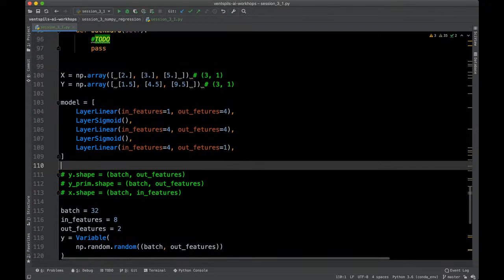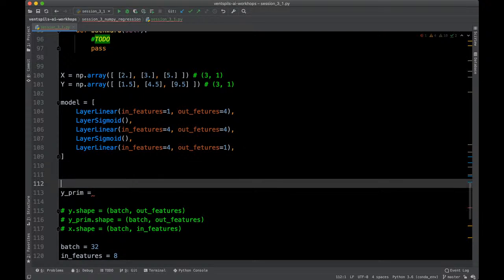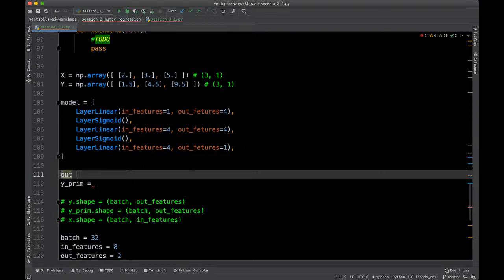So basically what you're going to do then is pass inside some kind of for loop to get the y prim. To get the y prim, you will need to call, let's say, out, in the first case this is going to be none.